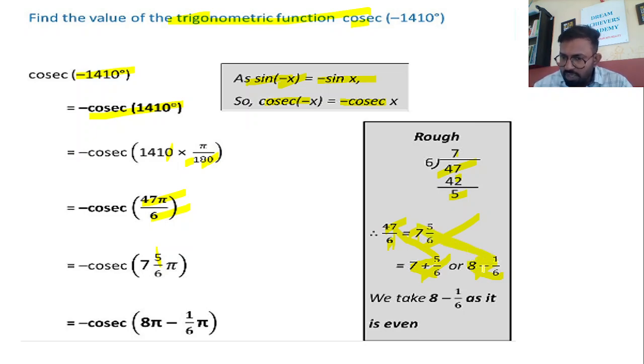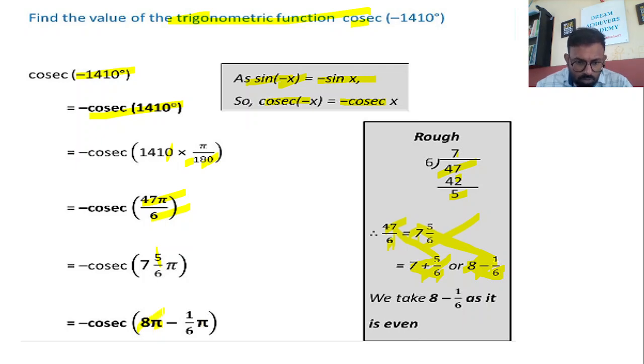Same value we will get. So, instead of writing 7 plus 5 by 6, I can write 8 minus 1 by 6. That is 8 pi minus 1 by 6 pi. Got it? 8 pi minus 1 by 6 pi.